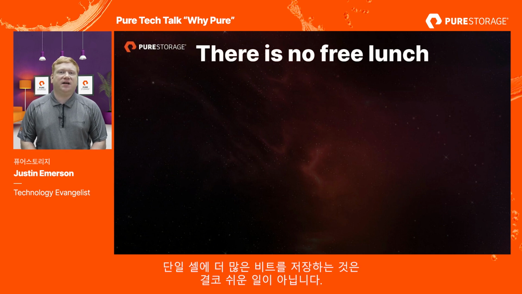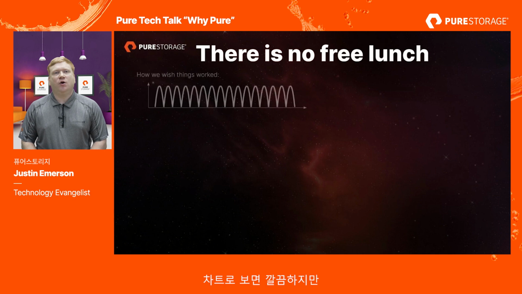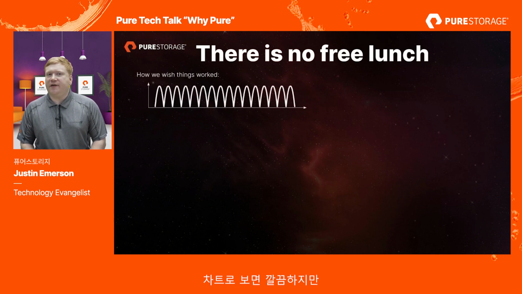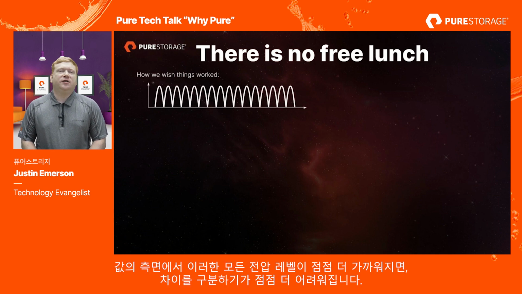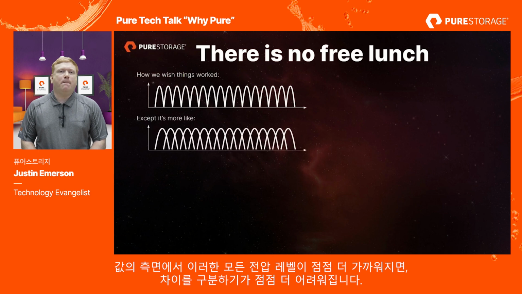Storing more bits in a single cell doesn't come for free, because while this looks very pretty in a chart, the reality is that all of these voltage levels, as they get closer and closer together in terms of value, become harder and harder to tell the difference between.